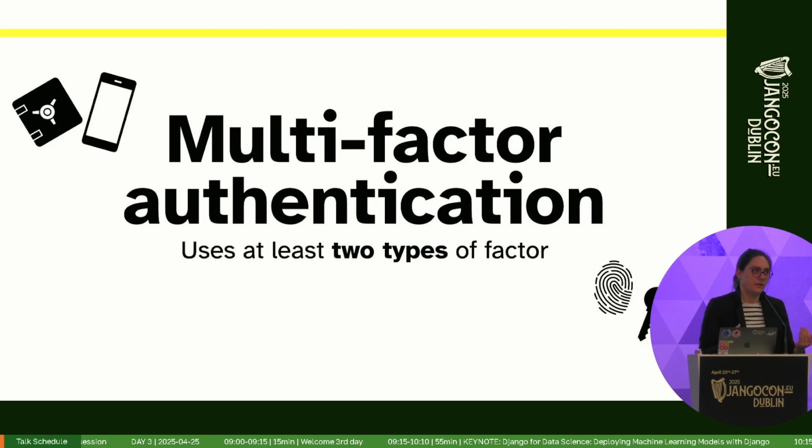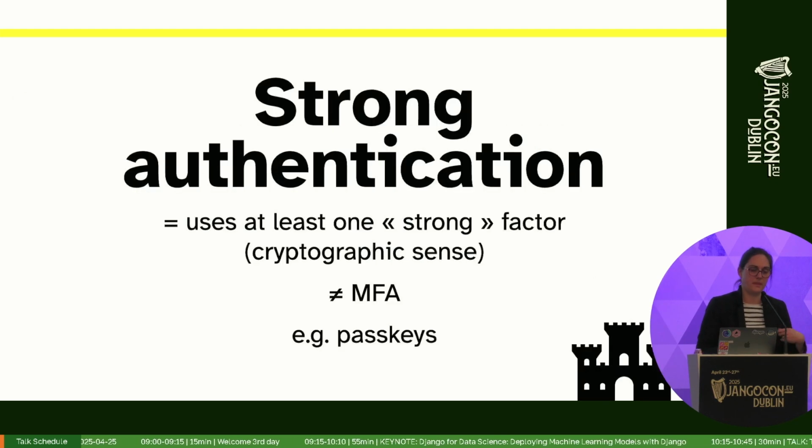So these are MFA. It's not the same thing as strong authentication, which uses at least 1 strong factor. If you sum up a lot, that means there is a big key, or there is a key that's difficult to break. For example, passkeys are strong authentication because of the underlying protocol.